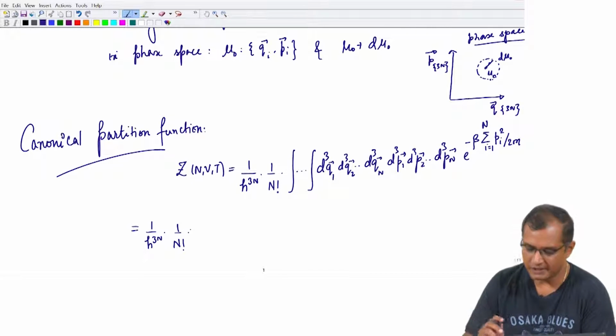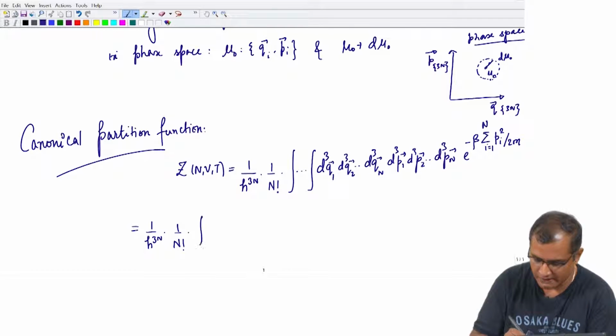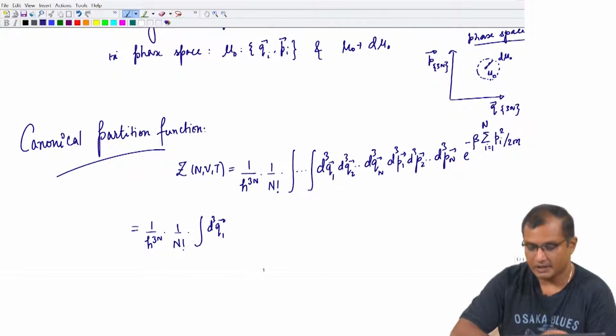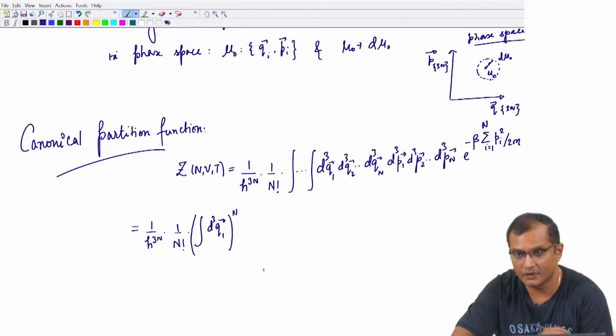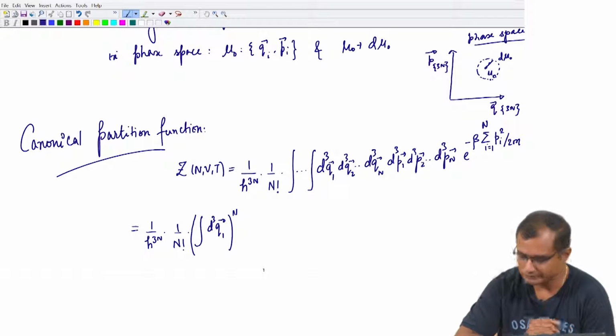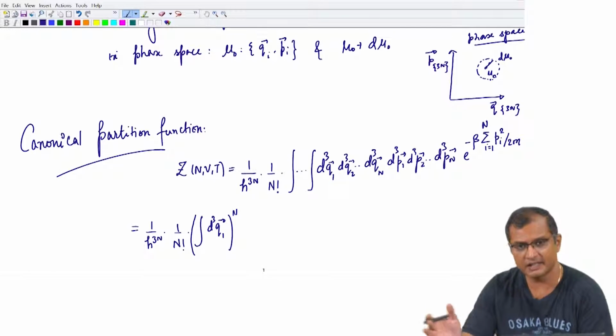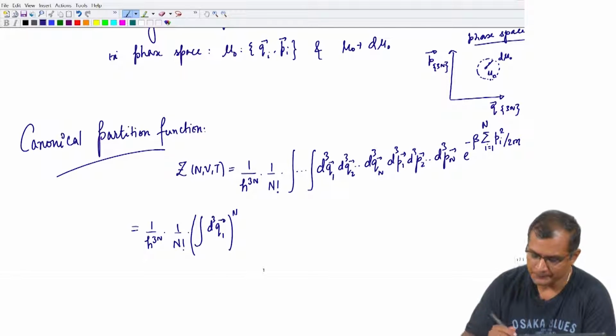Each position integral will give me the integral d cube q 1, and since each one of them is separate, this is nothing but to the power n. I will take just one of them and raise it to the power n, because they are all the same and they are independent.